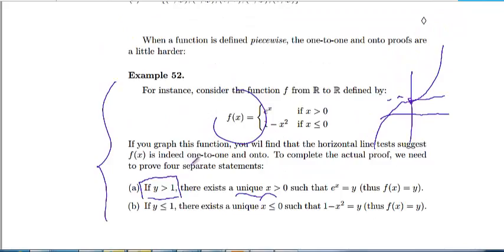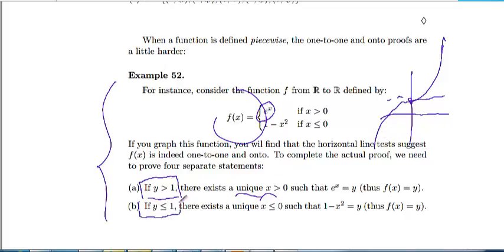The thing is that because the function is broken into two parts, you want to make sure that this part of the function maps x greater than 0 in a one-to-one way onto y greater than 1, and this function maps x less than 0 in a one-to-one way onto the negative part here, y less than or equal to 1.